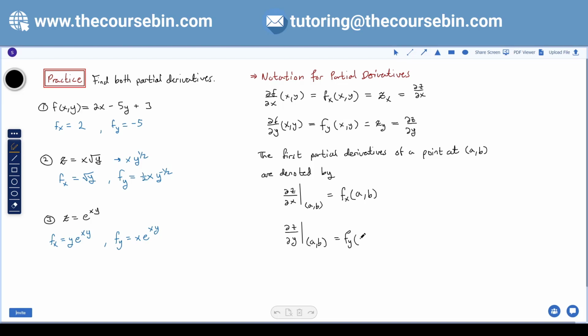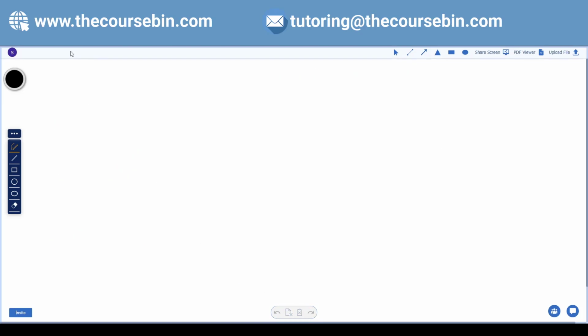Wait, so it's like taking the partial derivative of a point? Yeah, so it just means that you take the partial derivative and then you evaluate it at a point. So after you find your partial derivatives, you plug in a point, and that tells you the slope at that point. All right, so let's see how we can evaluate the partial derivative at a certain point.